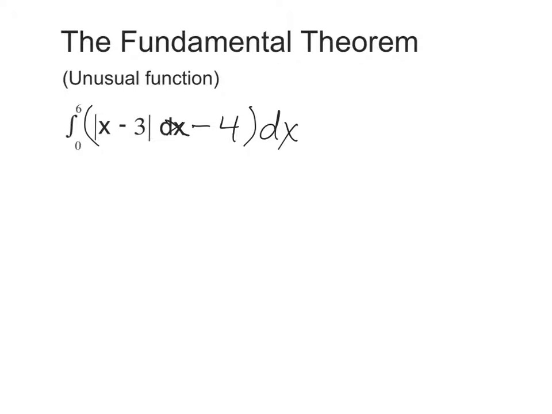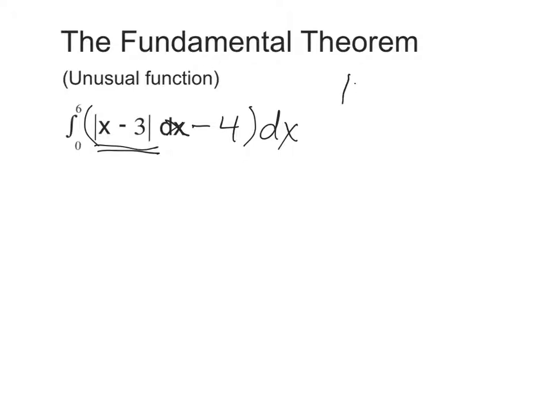Well, to be able to do this, we've got to change the form of the absolute value by using the definition of the absolute value. And we'll actually be splitting this up into two different parts.